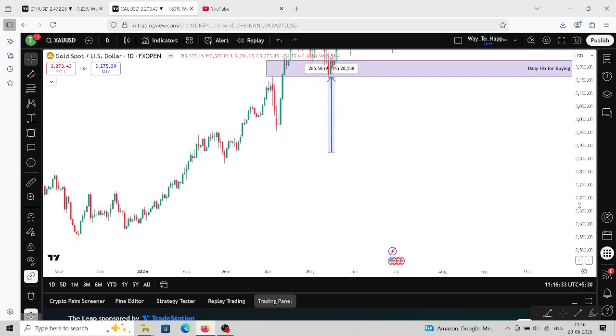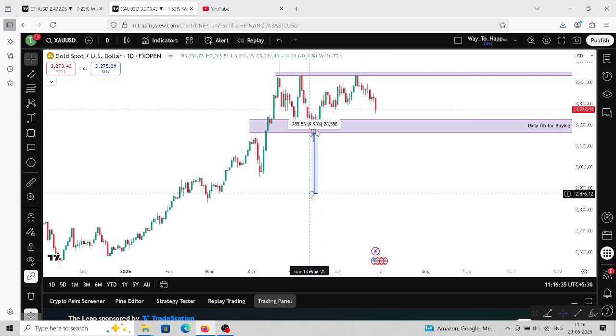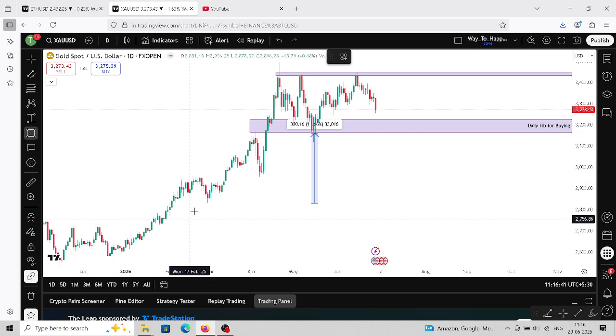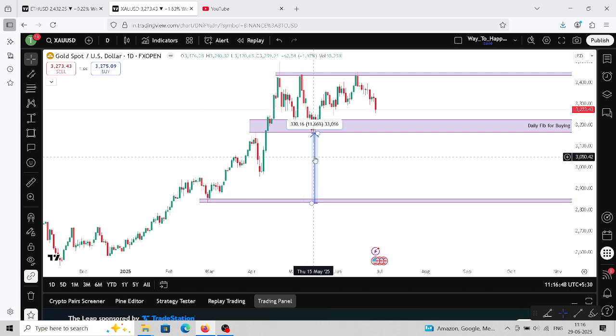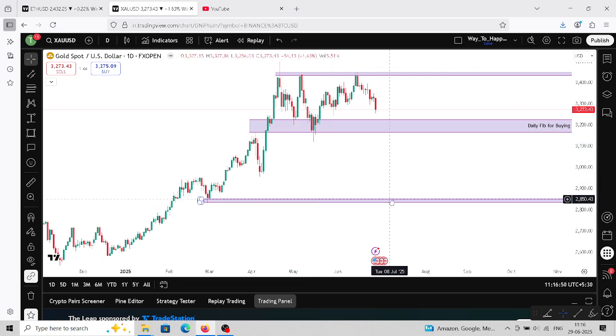Even if I should note down the wick also, when you count the wick, the level will be somewhere like this here. So in case the price breaks out, then your gold is waiting here.